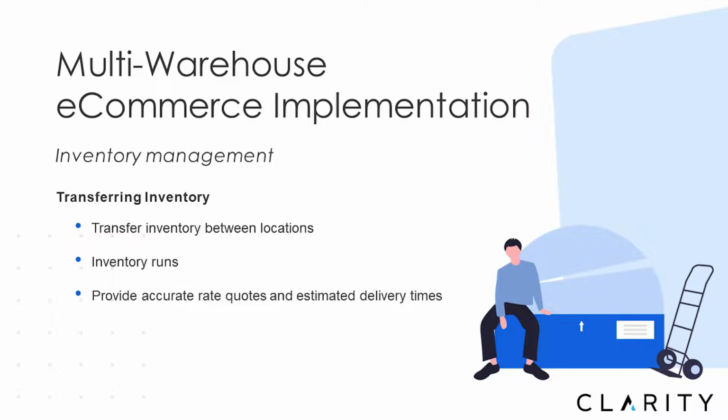Now, this can occur with multi-location facilities as well that are just retail locations. So some of our clients have retail locations, and we need to transfer items between those physical locations and represent that within their ERP system. We can certainly do that too.